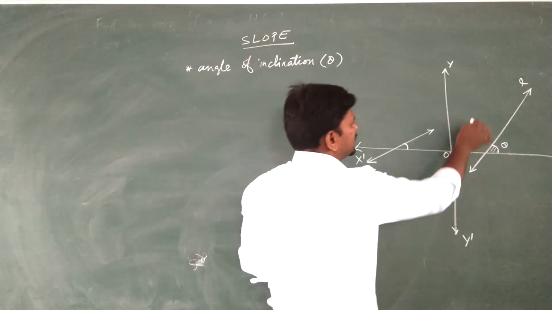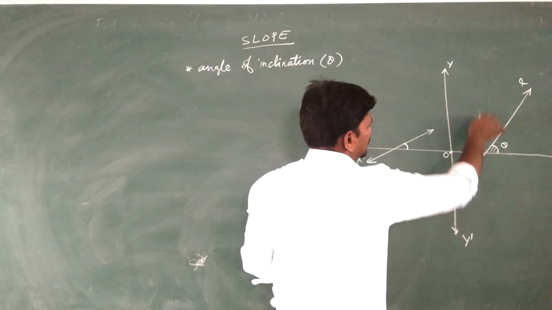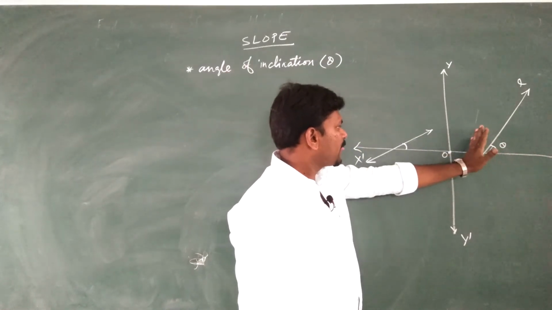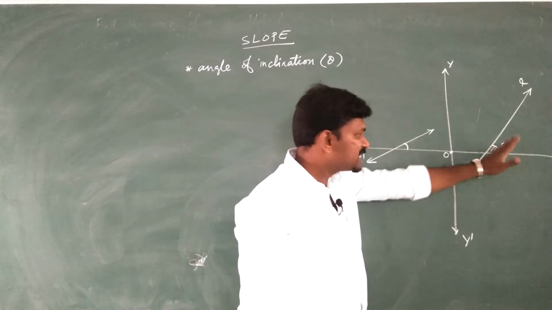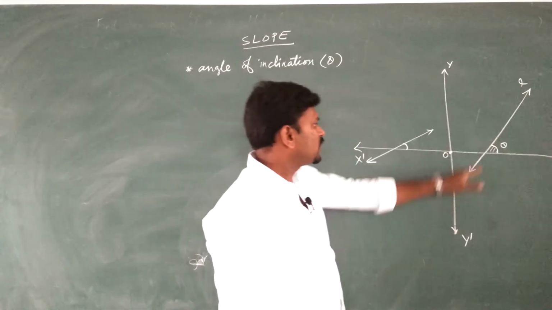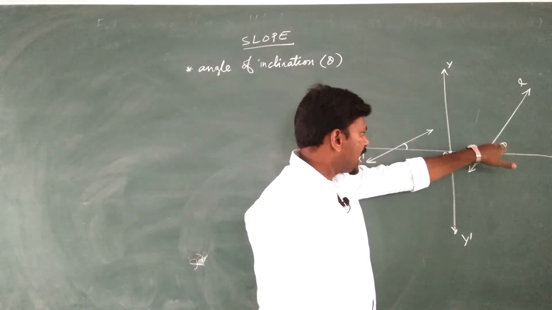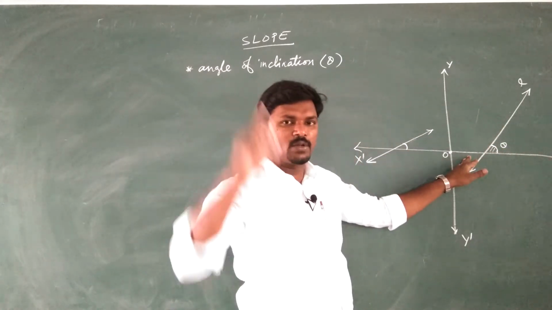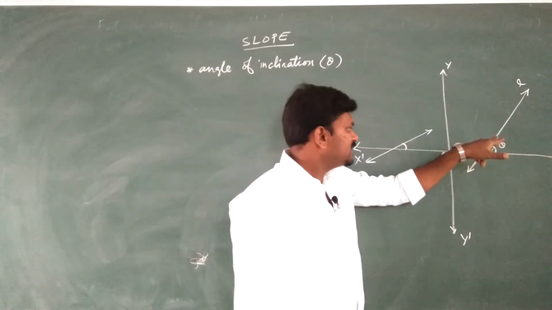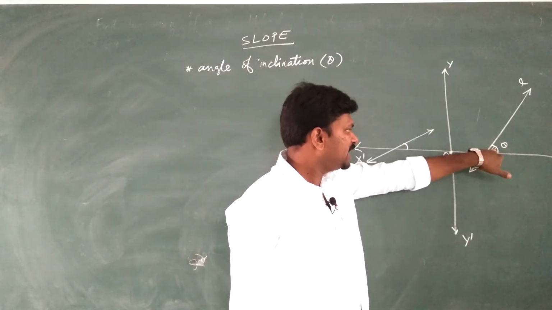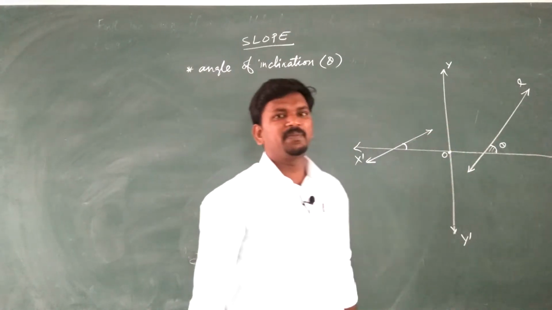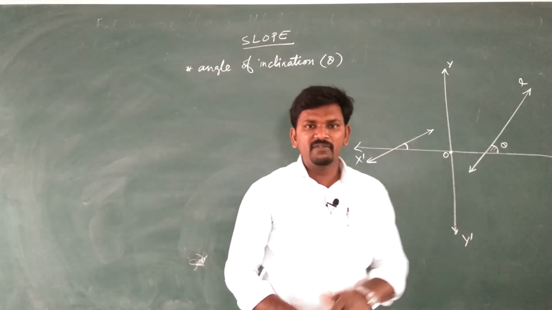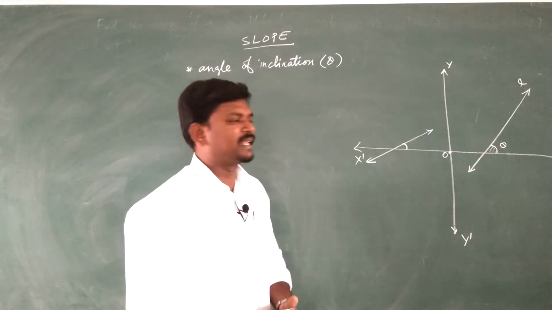Then if you draw it like this, when the steepness is reduced, the angle of inclination will be increased. So the steepness, which means the slope of a line, is determined by theta. The slope of a line is determined by the angle of inclination of a straight line.